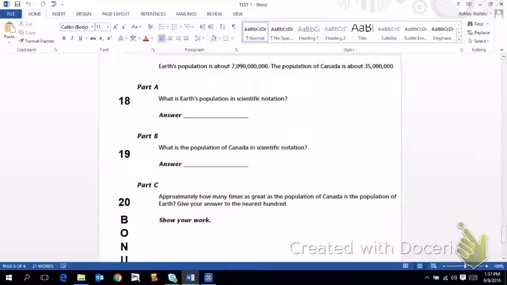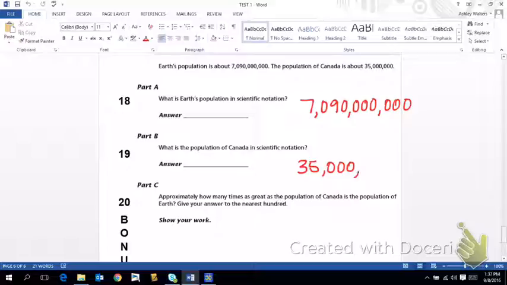In 18 and 19, we are turning standard notation into scientific notation by turning the Earth's population and Canada's population into a number that is greater than or equal to 1 but less than 10 times a power of 10.